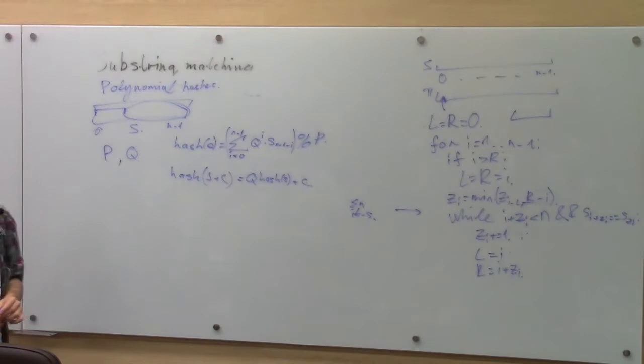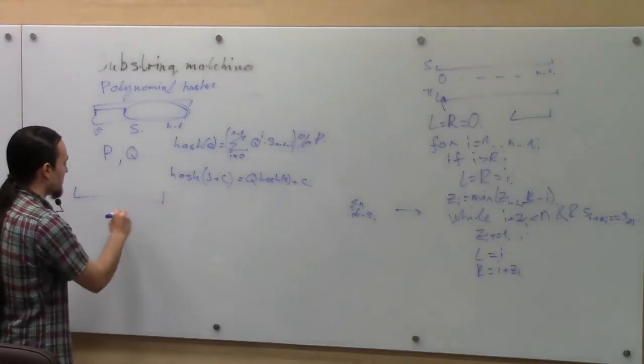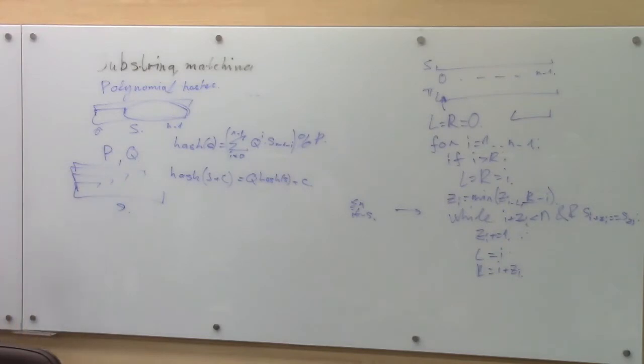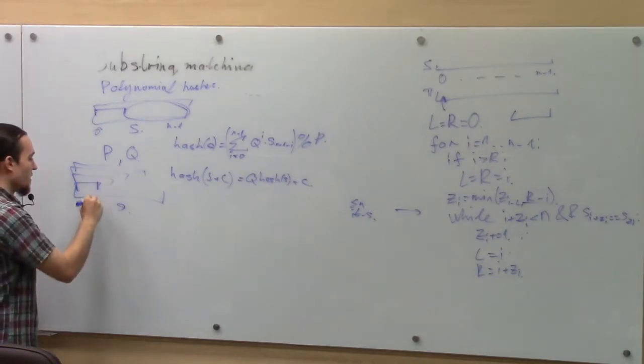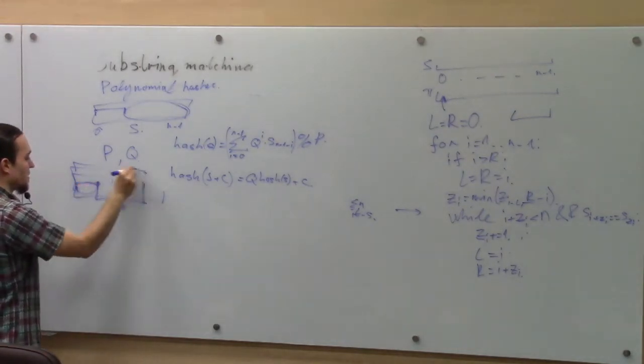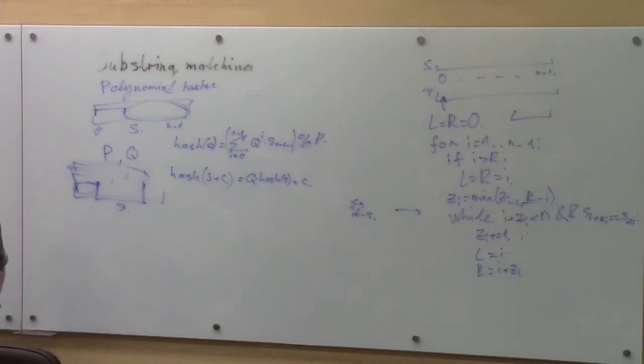And that is useful because if we know the hashes, like assume that we have a string, and we compute the hashes of all prefixes here. And now that we have it, we can compute a hash of any particular substring in constant time, because all we need is the hash of these and the hash of these. So in a nutshell, that's how we use hashes. And to match a substring, basically we just compute hashes and then do this.